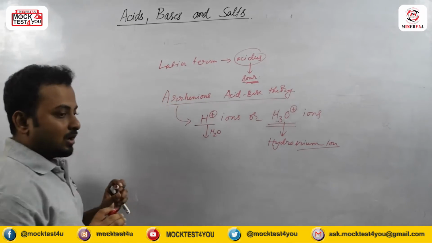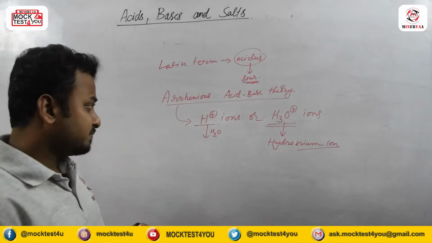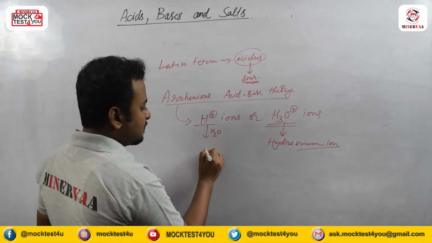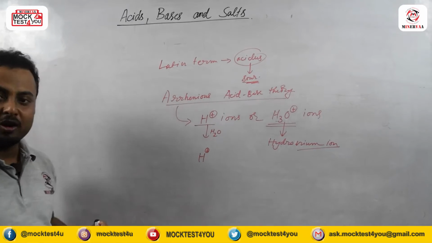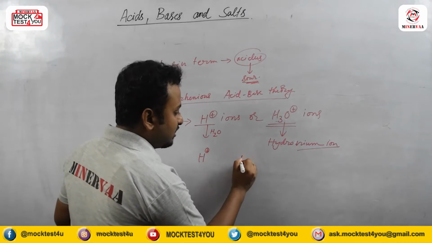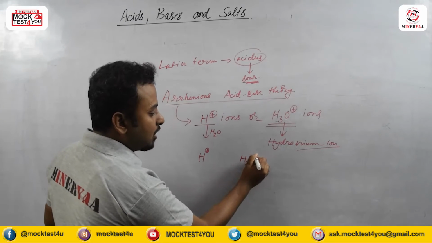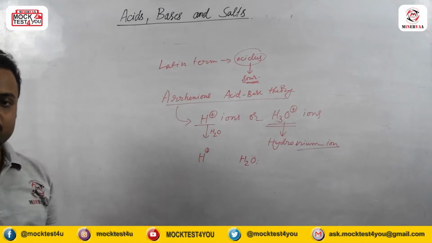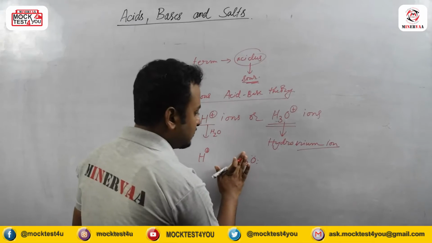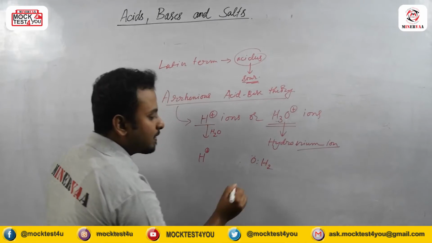So if you dissolve the acid in water, then this H plus, as we have already studied in chemical bonding, forms a coordinate bond with H2O. H2O has two lone pairs of electrons. I'm writing the H here.